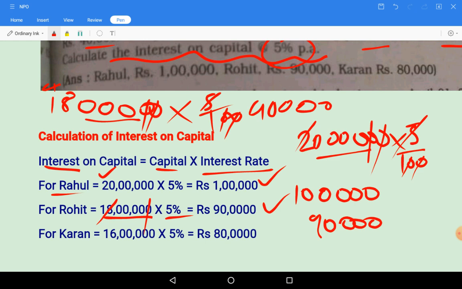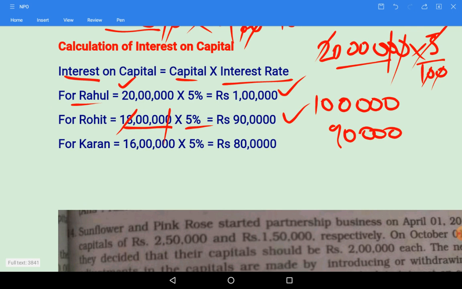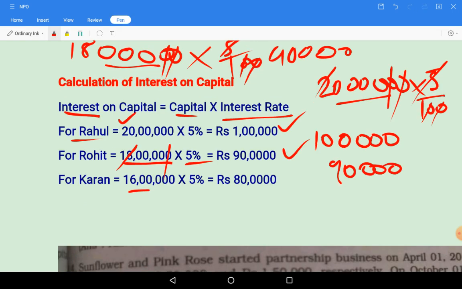There is another method to calculate interest also. So let me do one more calculation for Karan. What is the capital? 16 lakhs. So 16 lakhs into 5 by 100.